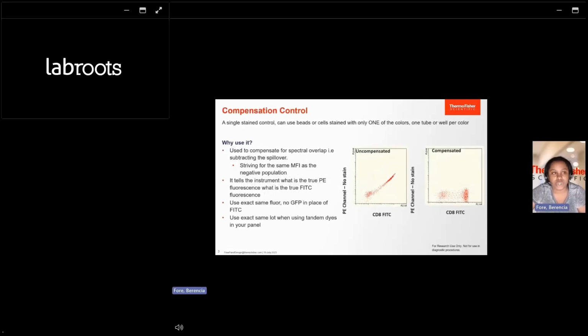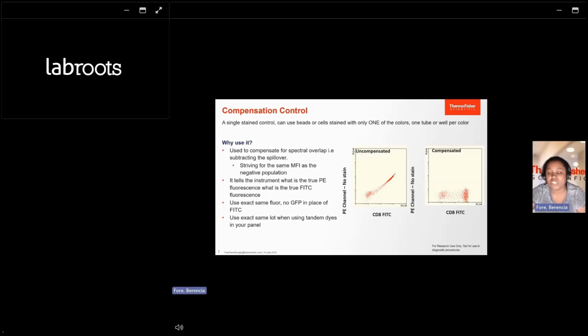The next control that I think is important is a compensation control. The compensation control is a single stain control, which can be beads or cells stained with only one of the colors, one tube or well per color. You need it in order to tell the instrument where exactly is the true fluorescence for your particular fluor. If you're assigning FITC or PE to a certain detector, there will be spillover.